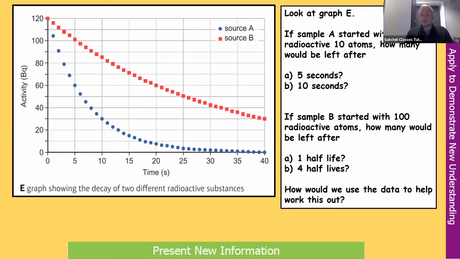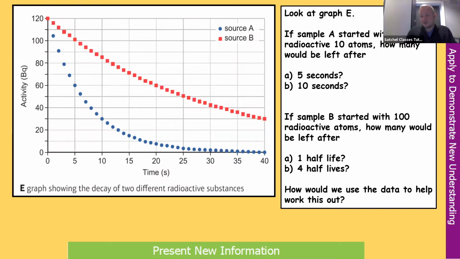If sample B started with 100 radioactive atoms, how many would be left after 1 half-life? Now sample B, the red line, source B, had a half-life of 20 seconds. So after 20 seconds, 1 half-life, if it started with 100, it'd have 50 left.